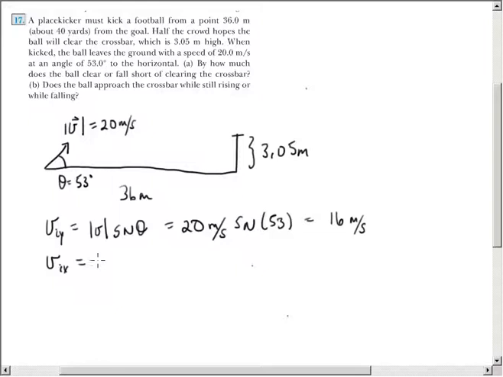Vix is equal to the magnitude of V cosine theta, which is 20 meters per second times cosine of 53, and that's equal to 12 meters per second.